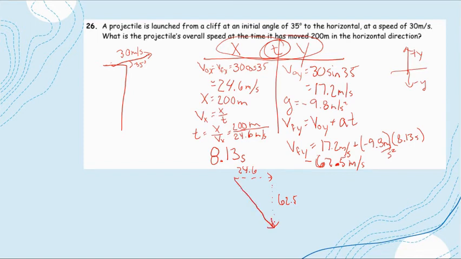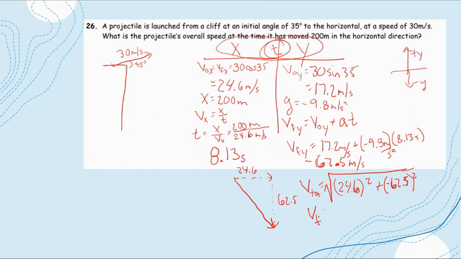That's where I find my V resultant or my V total, which is equal to the square root of 24.6 squared plus negative 62.5 squared. And that ends up giving us a value of V final equal to 67 meters per second.